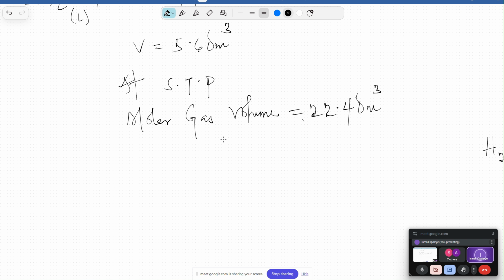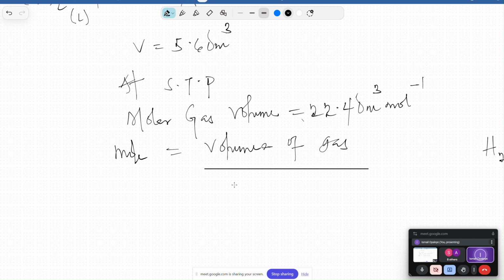Whenever you're dealing with volumes like that, dm cube per mole is there. Whenever you have something involving volume, your mole will be equal to the volume of the gas divided by the molar gas volume.